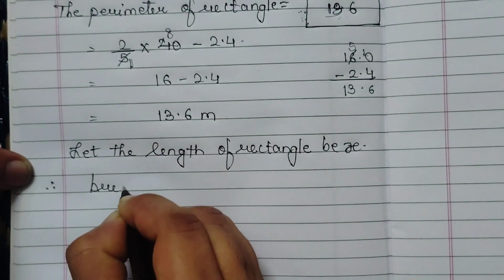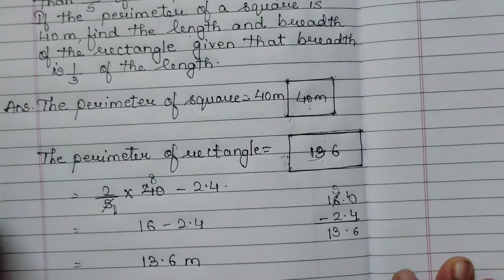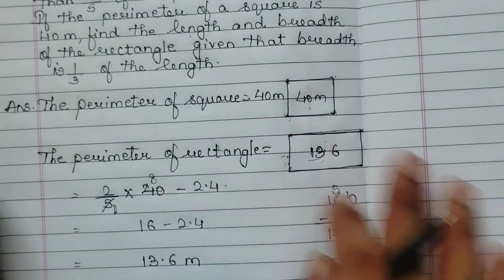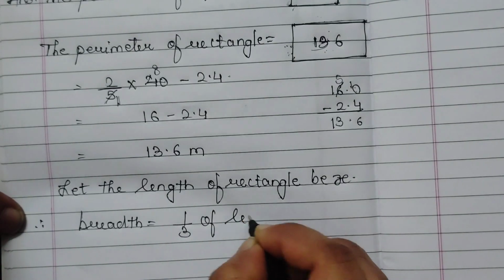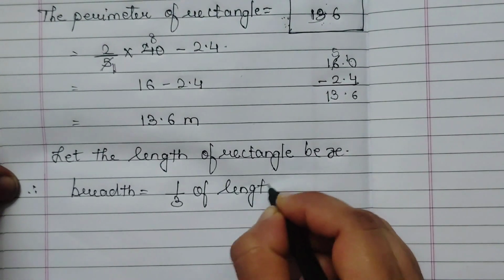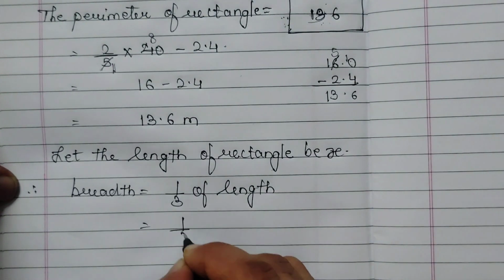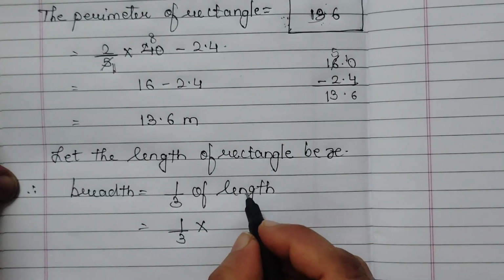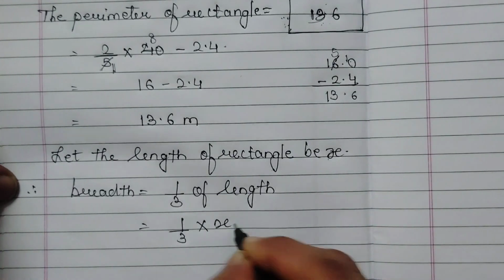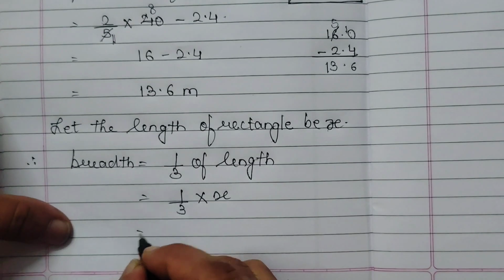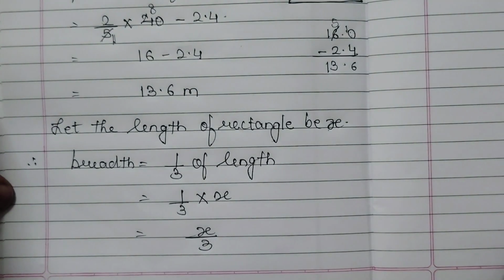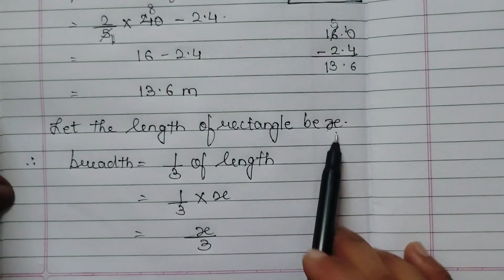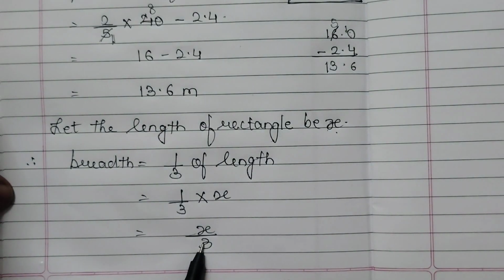Therefore, what will be the breadth? Breadth is 1/3 of the length. Of becomes multiplication, and the length we wrote is x. So 1 upon 3 into x is x upon 3. Now we have length as x and breadth as x upon 3.